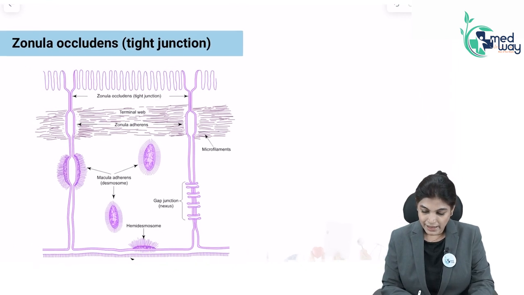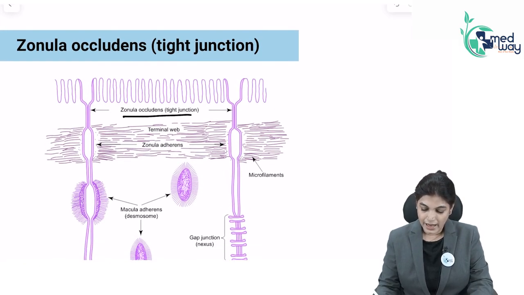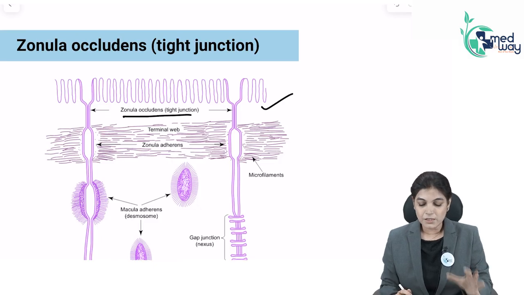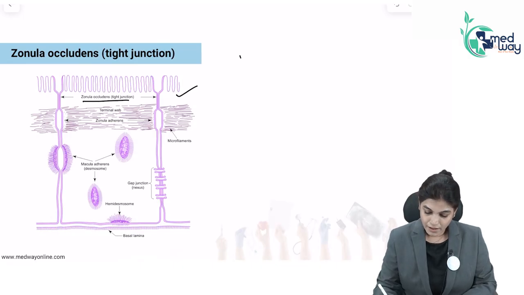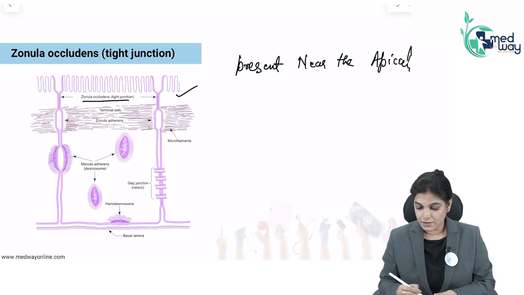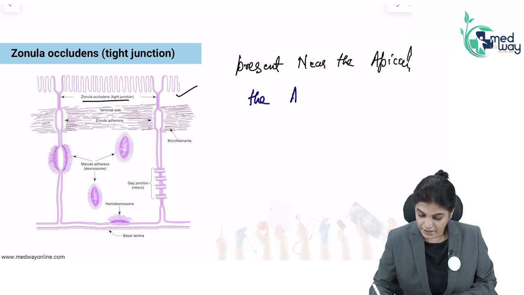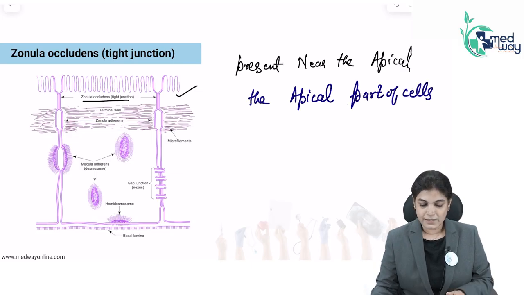Actually, if I slightly enlarge this image, what you can see is the zonula occludens, and it is present near the apical part of the cell, the apical part of epithelial cells.